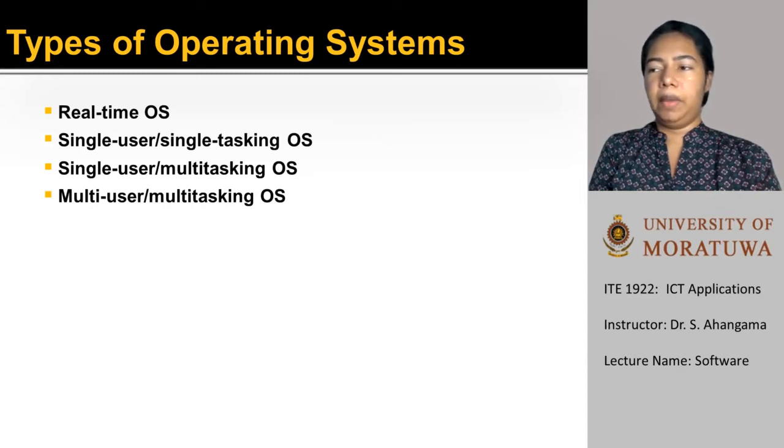Unix and VMS are some of the example operating systems for multi-user, multitasking operating systems. In future weeks to come, you will get hands-on experience using Microsoft Windows and Linux operating systems.